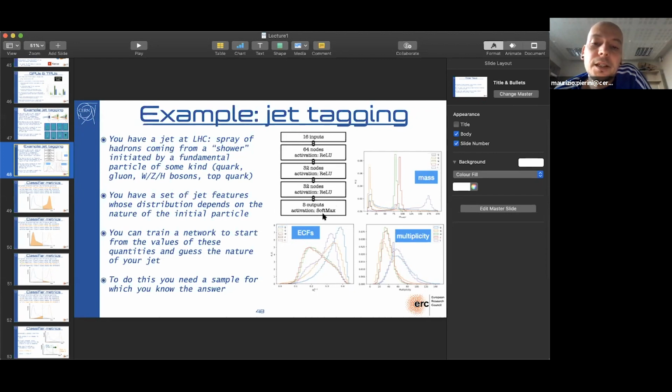I then use an activation function which is softmax, basically a generalization of the sigmoid, in such a way that my 5 outputs are probabilities that sum up to 1, which means that given a jet, it has to be of one of these kinds. So each is a number between 0 and 1, such that the sum across the 5 categories is 1. This is the model that we're going to play with.